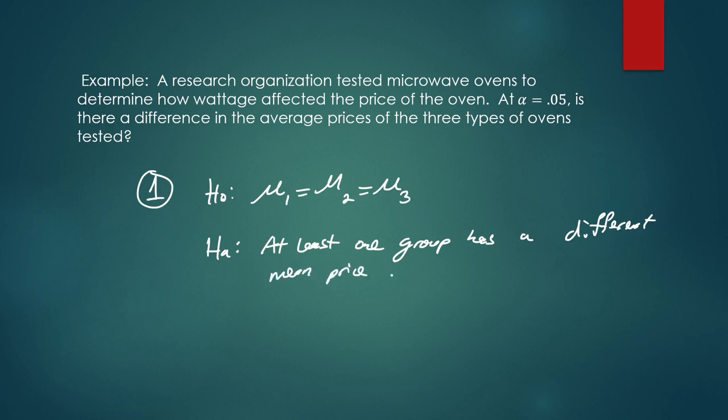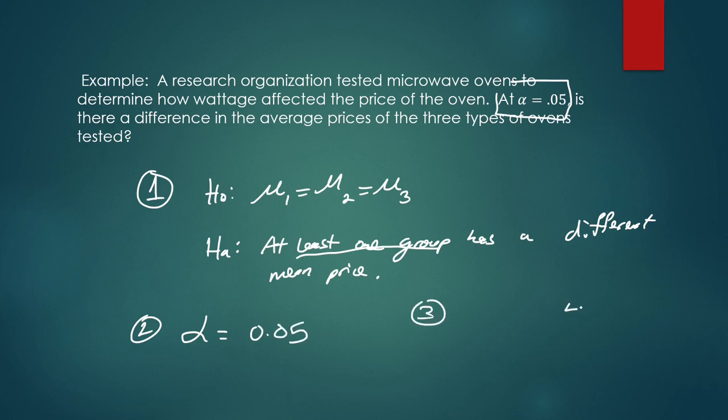Now we're not saying which one is different, we're just saying at least one of the groups has a different mean price. For step 2, we'll just have to state alpha. Alpha in this case is 0.05.